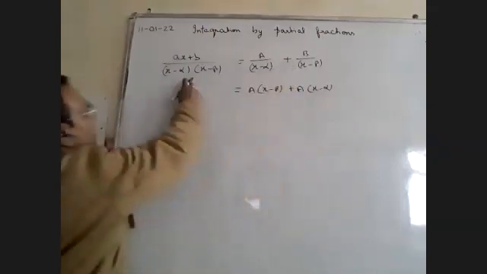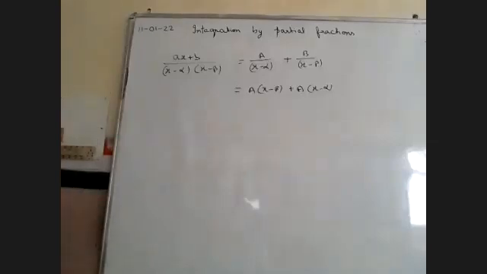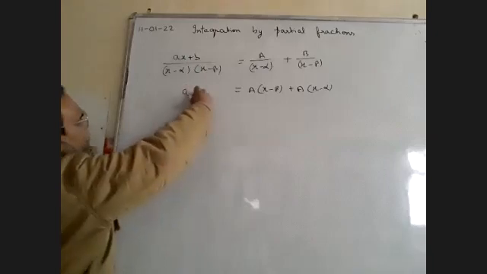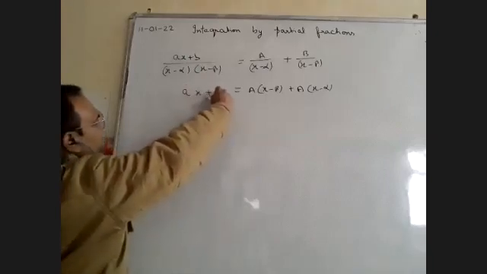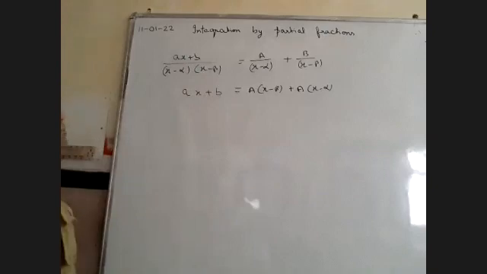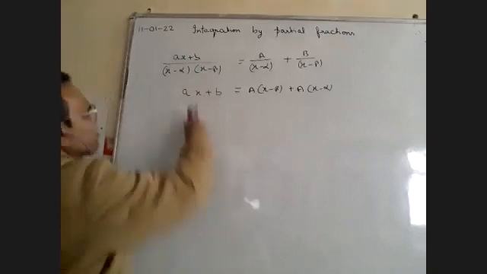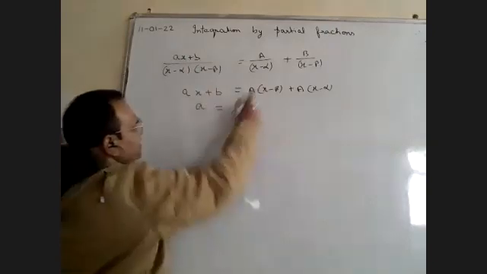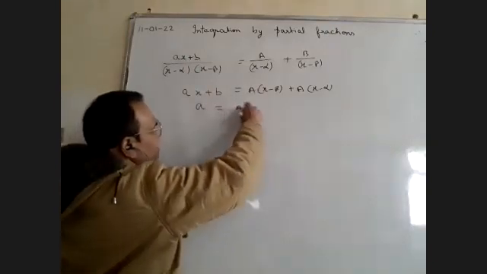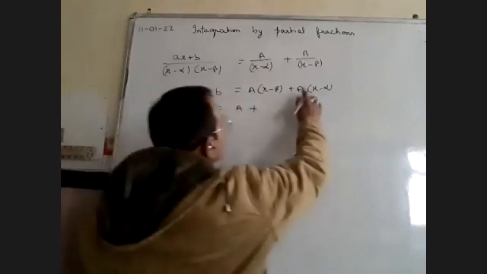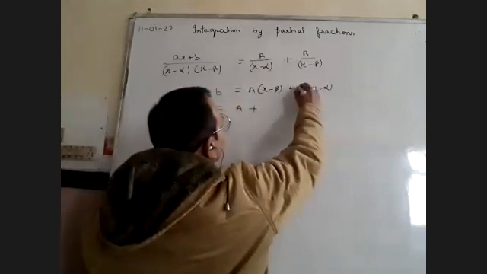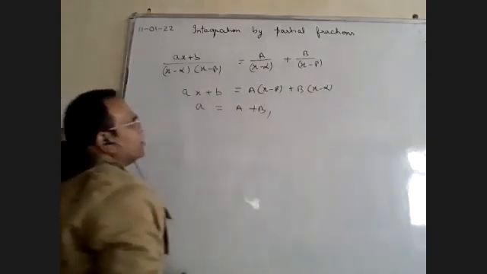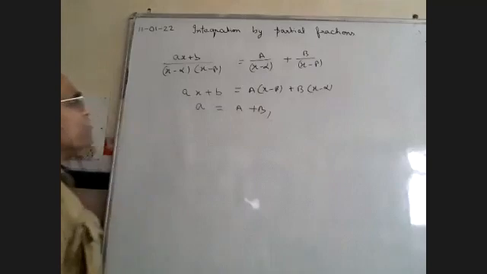In the denominator, on the left hand side and right hand side, both sides have the same denominator. The numerator should also be the same. It should be equal to ax plus b. Now you compare the coefficient of x. The coefficient of x here is a, and the coefficient of x here is A plus B. Now we can compare the constant term.